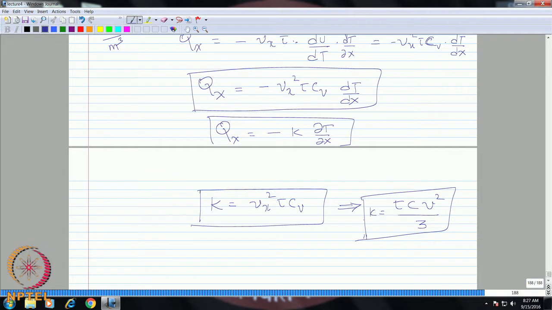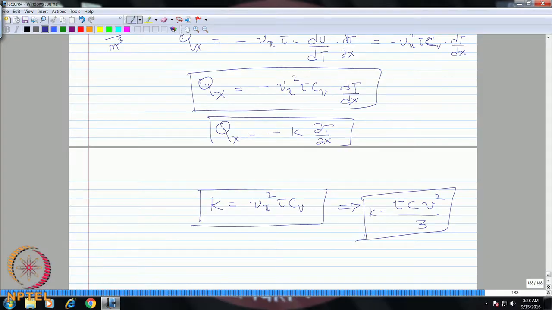So, you are now talking about metals. You want to estimate the thermal conductivity of a metal, so you look at the electrons and put in the corresponding value of volumetric heat capacity of this material. And how is volumetric heat capacity coming? Where is it coming from?